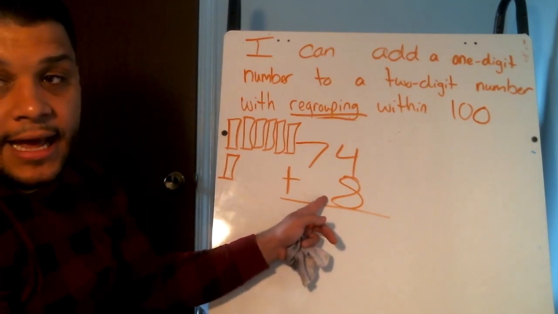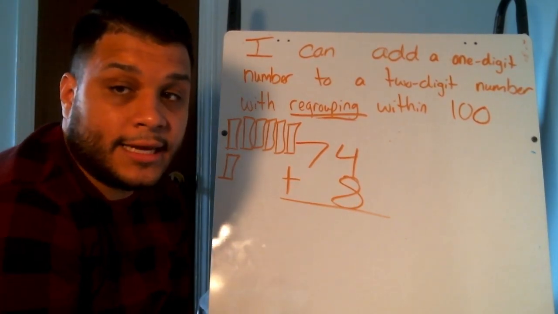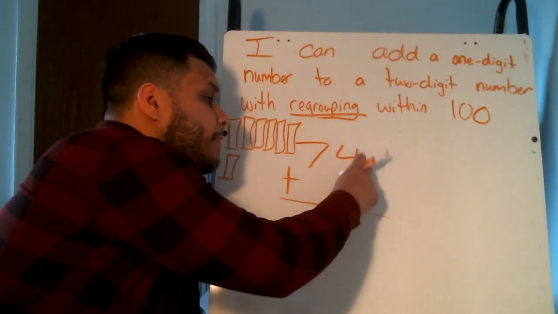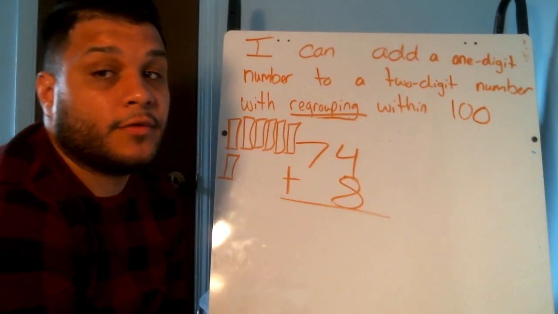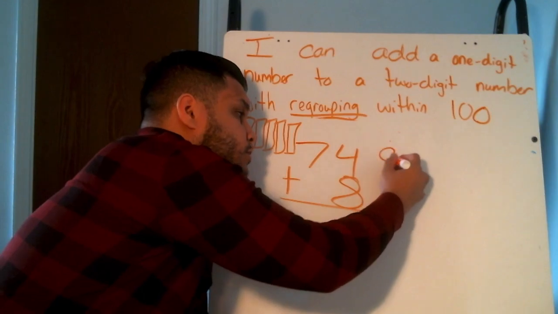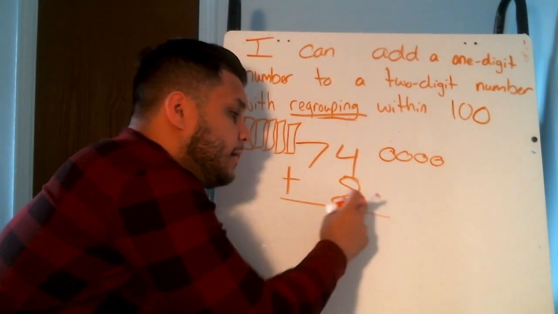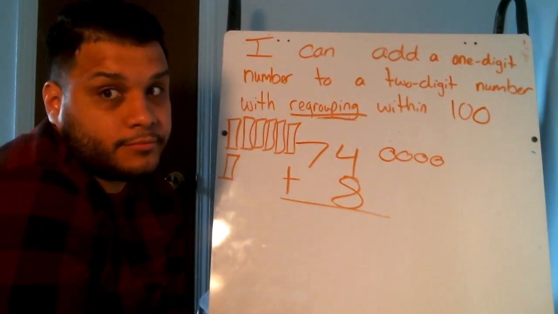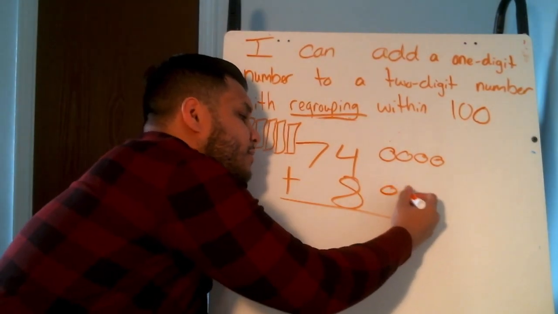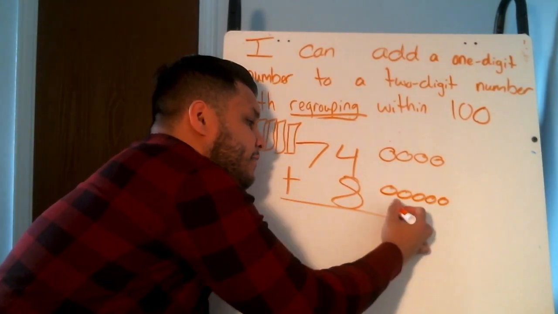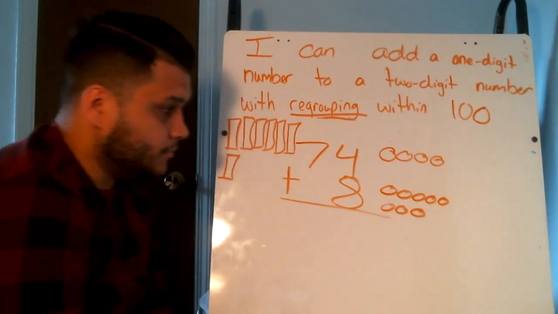How many tens does 8 have? It has no 10, so I'm not going to draw anything. How many ones does 74 have? Yes, 4 ones. 1, 2, 3, 4. How many ones does 8 have? 8 ones. Ready? 1, 2, 3, 4, 5, 6, 7, 8.